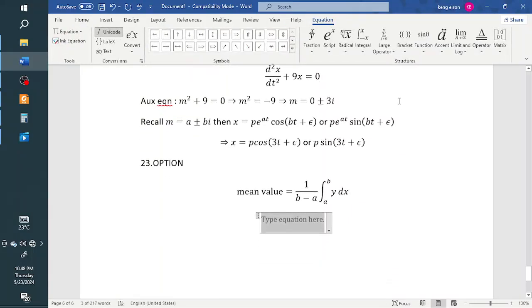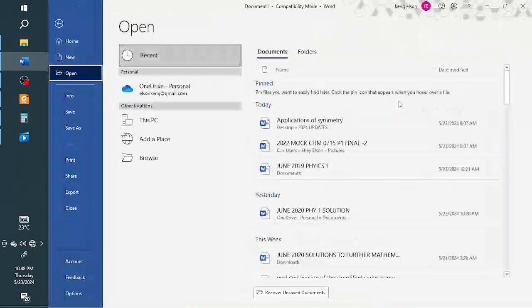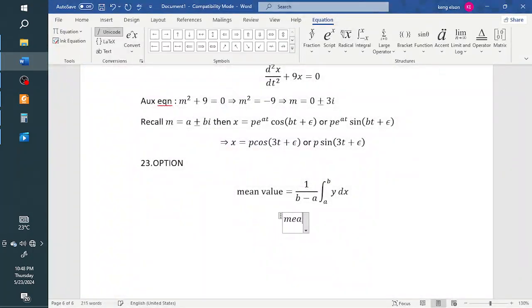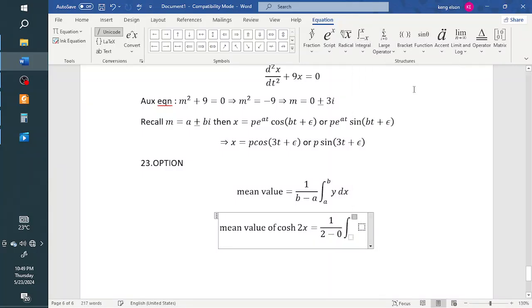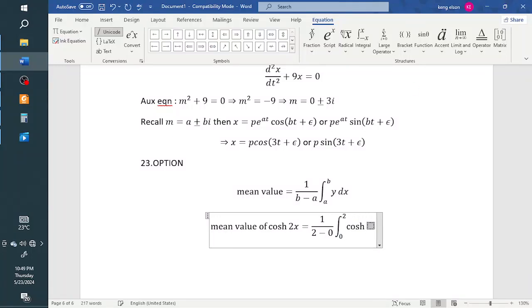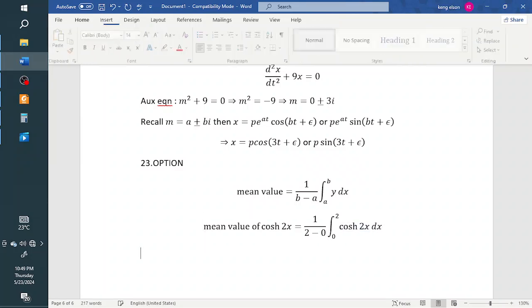So in this case, the mean value of cos 2x in that interval will just be equal to, my interval is from 0 to 2, so 1 over 2 minus 0, then the integral from 0 to 2 of cos 2x dx, that is it.